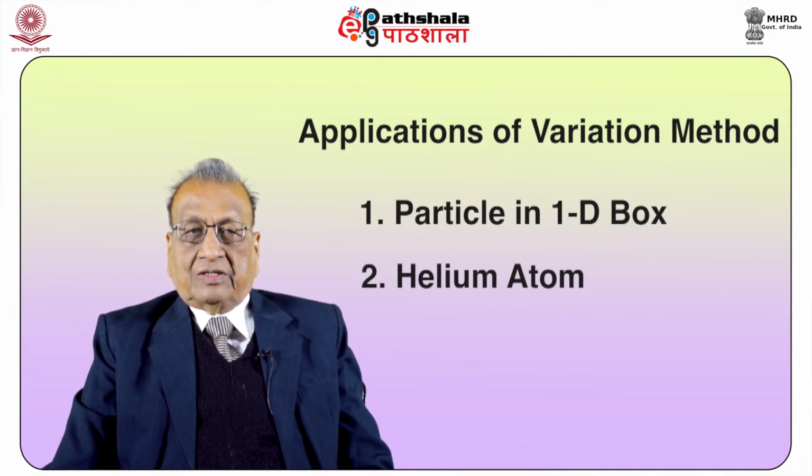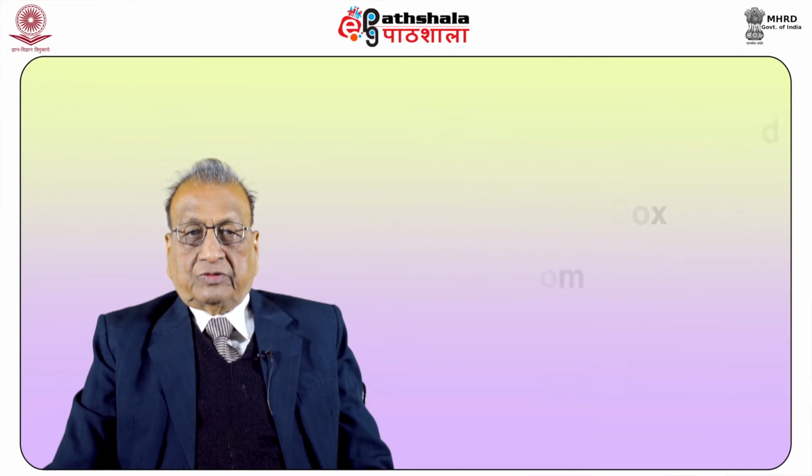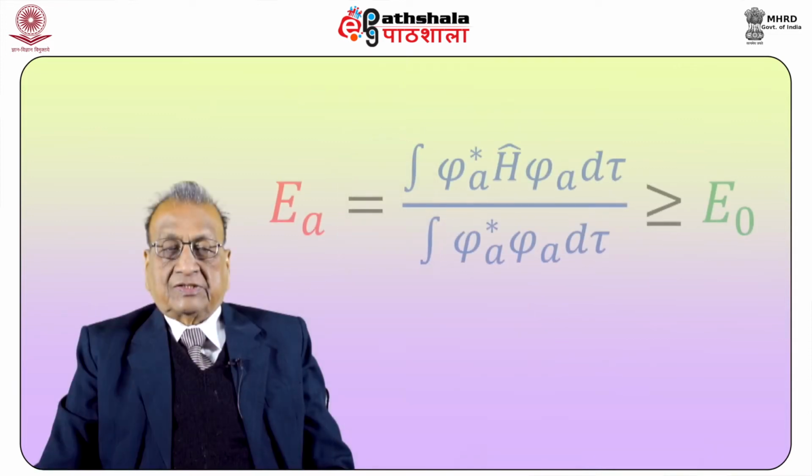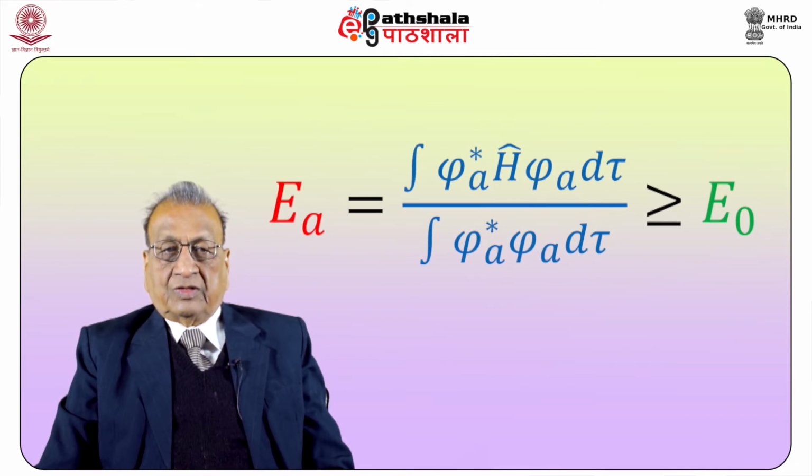So, what we do, we write first of all the Hamiltonian for the system and then choose an approximate wave function, and using this approximate wave function we calculate the energy of the system, which by variation theorem we know is greater than the actual value of the energy E0.